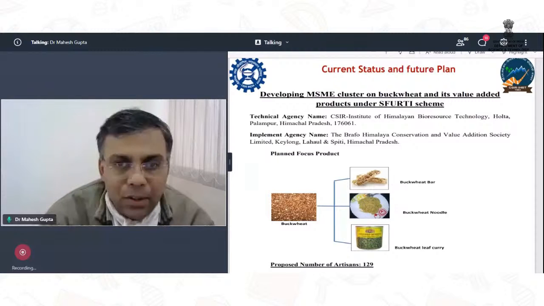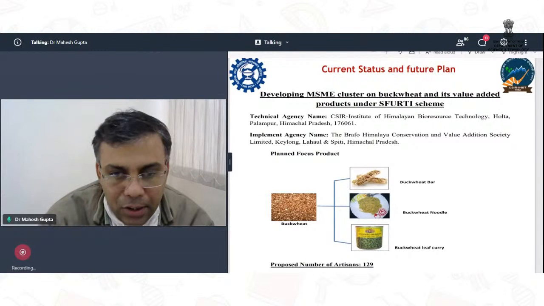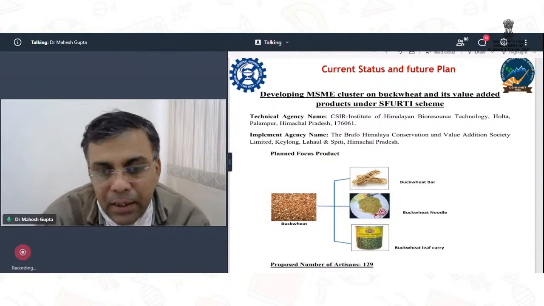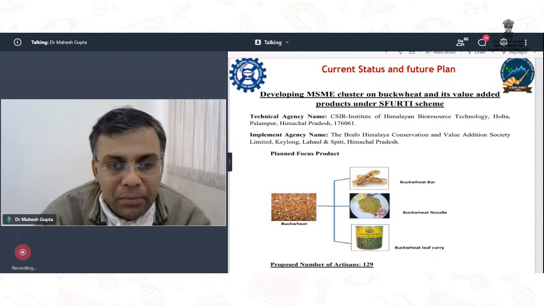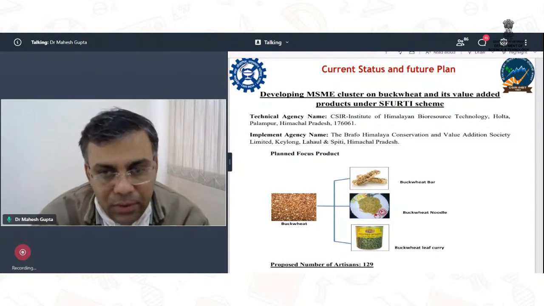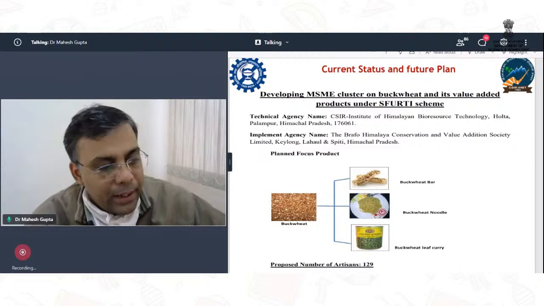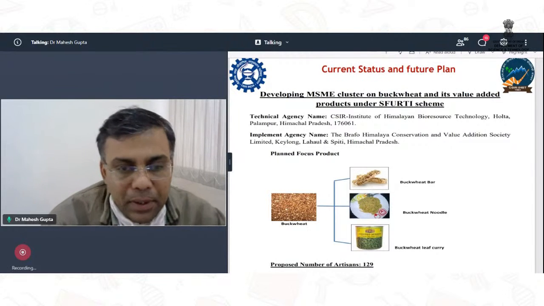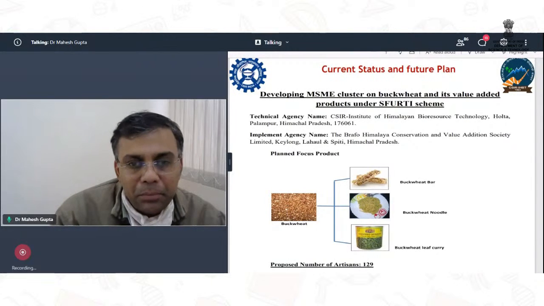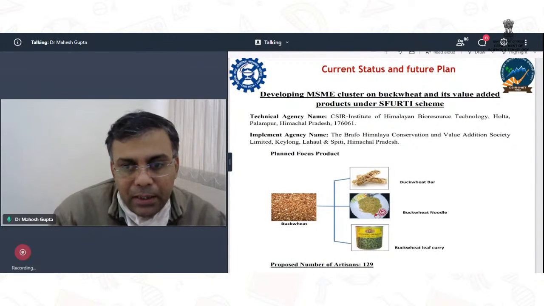Now all formalities have been completed, and they get 241 lakh rupees in Lahaul area where they can install a CFC unit, Common Facility Center, where they process buckwheat into different products and market them all over, maybe in the north part of the country also. It is a very good example of what can happen nowadays, and this is a current story. The buckwheat products will be coming in the market in a very short period of time. Next, please.